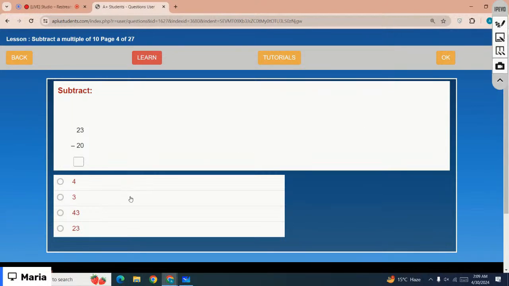Very good. The correct option is 3. 3 take away 0 is 3 and 2 take away 2 is 0. Subtracting a number from itself always makes 0.